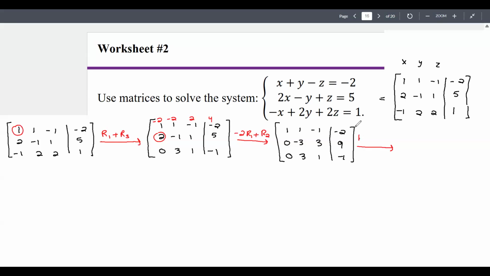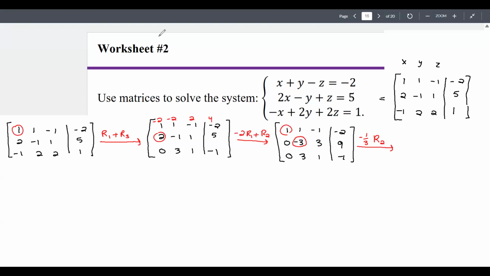Okay. Once again, similar to the last one, we have a 1 here. We got 2 zeros. We want to keep this number here. We want to get rid of the one below it. But we also want it to be a 1. So first thing I can do is take -1/3 of R2.